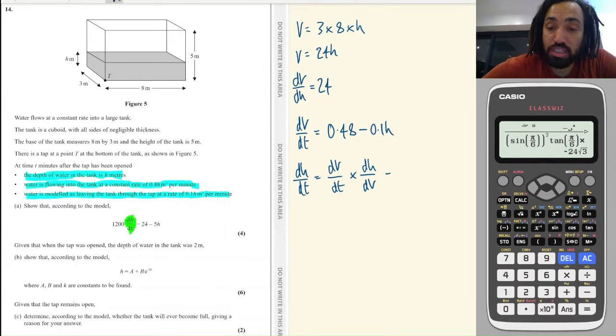So essentially this is then this 0.48 minus 0.1 h, and it is multiplied by 1 over 24. So all over 24.